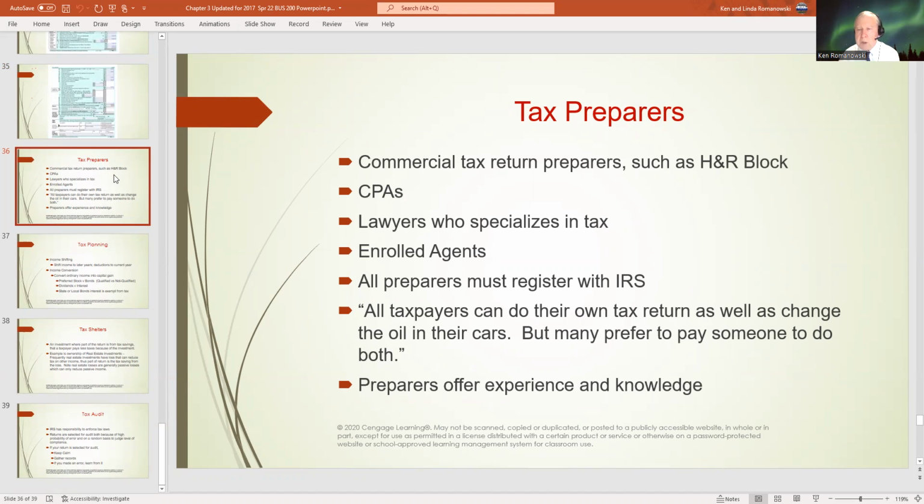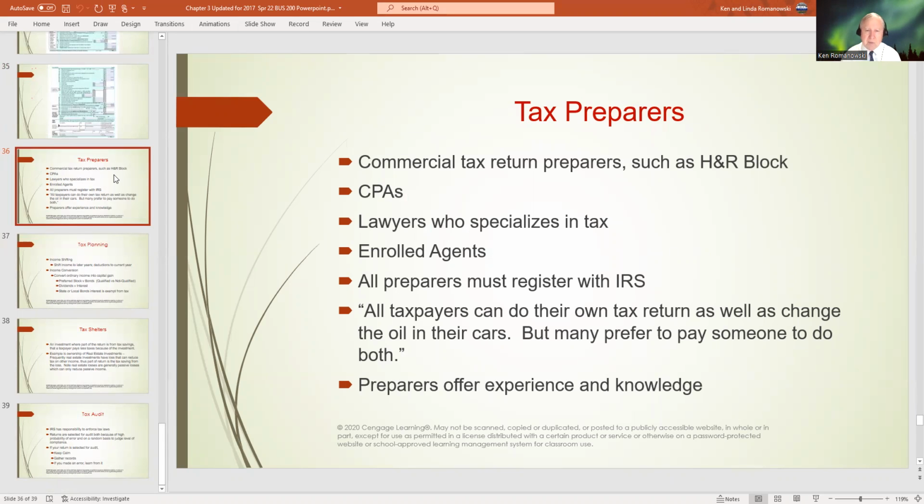You can go to a commercial tax preparer like H&R Block. They can do your taxes for you. You can go to a certified public accountant. These people have a special designation. They studied very hard to get that designation, and they have to stay on top of what the tax laws are. So you can go to these people.